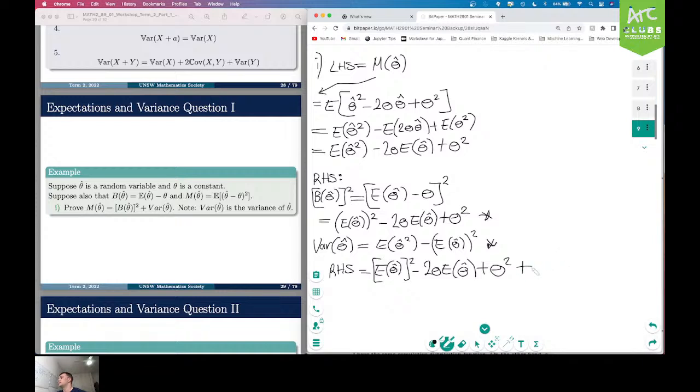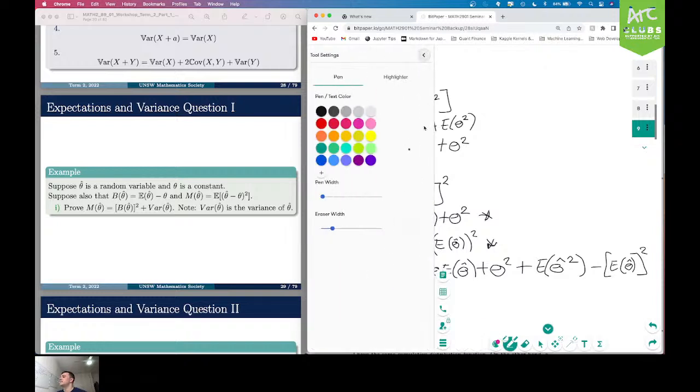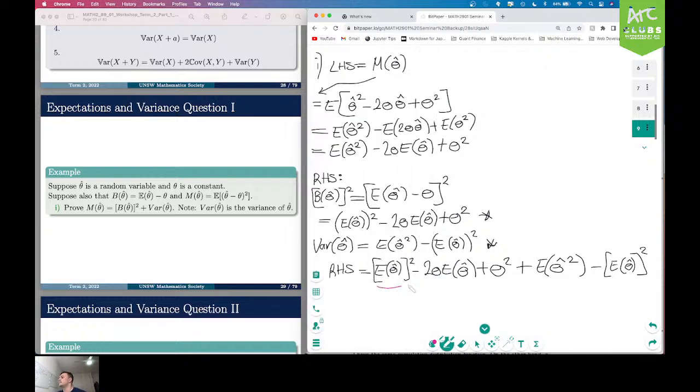So plus E of theta hat squared minus E of theta hat all squared, like that. And what you're going to see here is that this part is nothing but b of theta hat squared, and this is variance of theta hat.